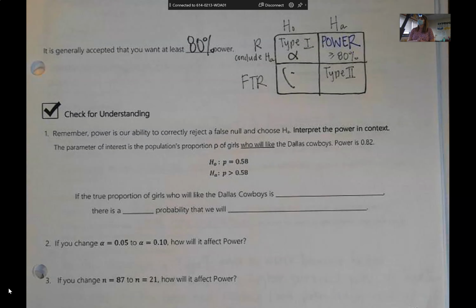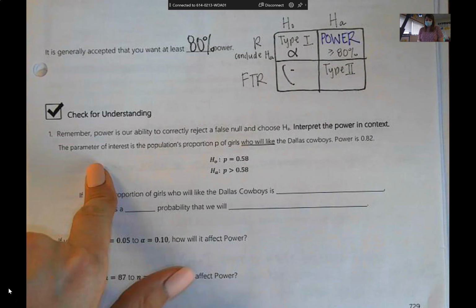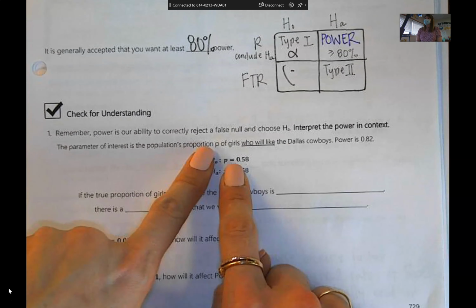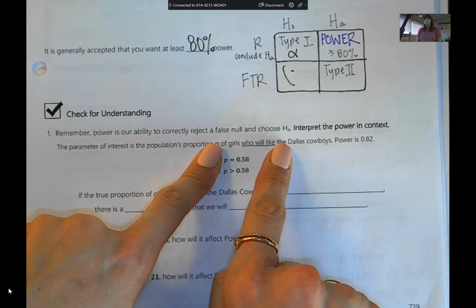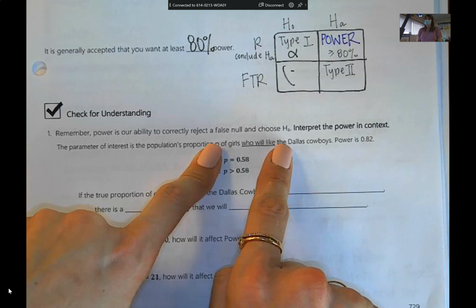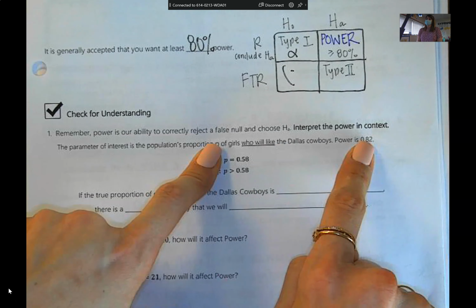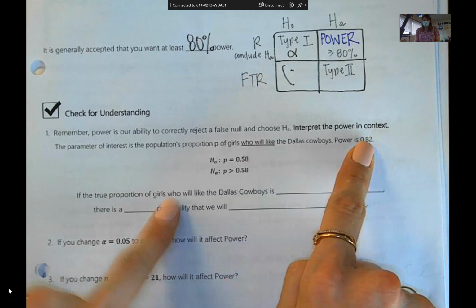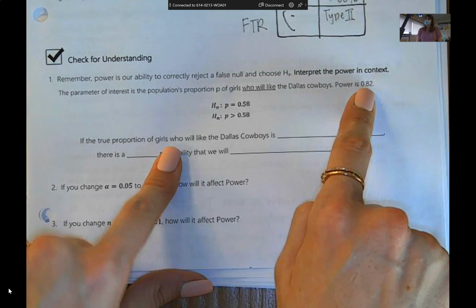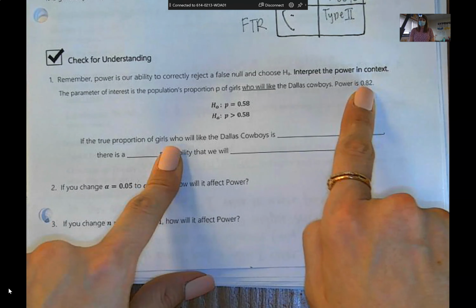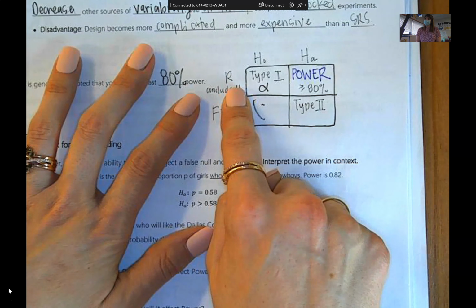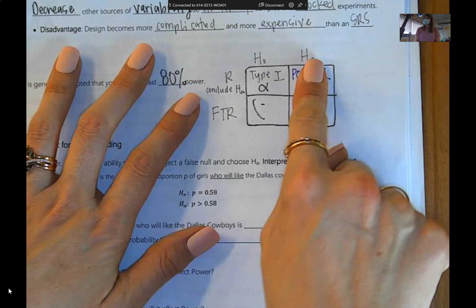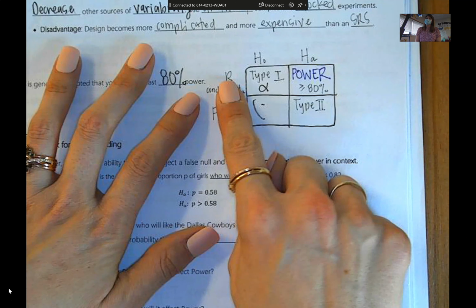Interpret power in context. So the setup is that p is the population proportion of girls who will like the Dallas Cowboys. Pretty sure that's the football team. Our power is 82%, which is good. How do we interpret this power? Well, power is, the alternative is true and we correctly reject.